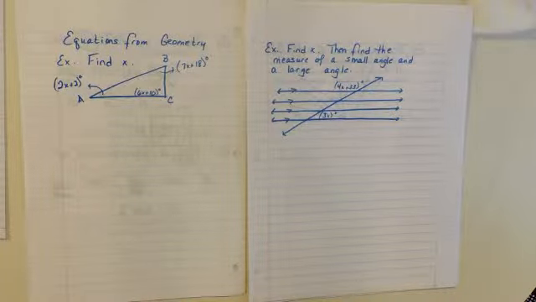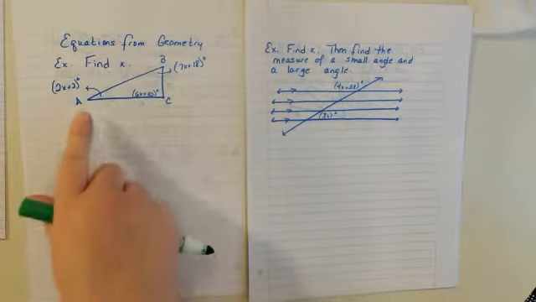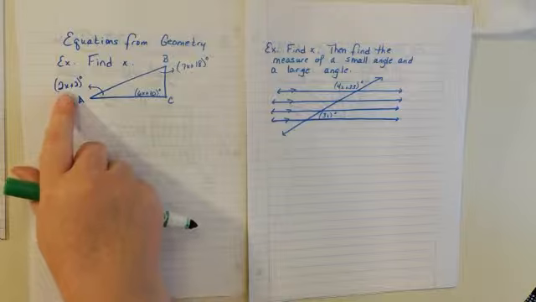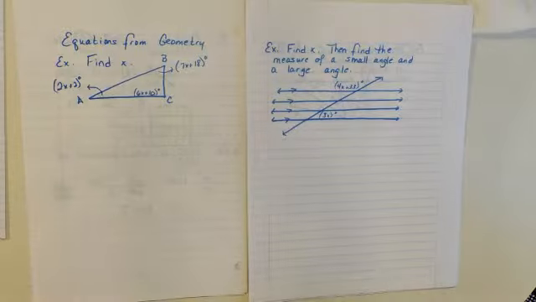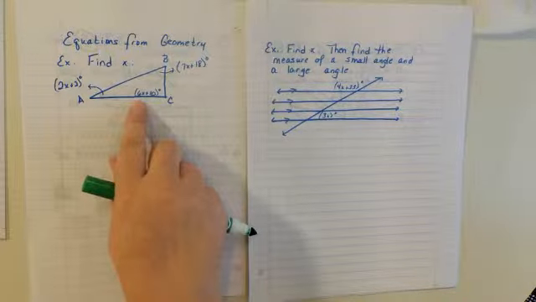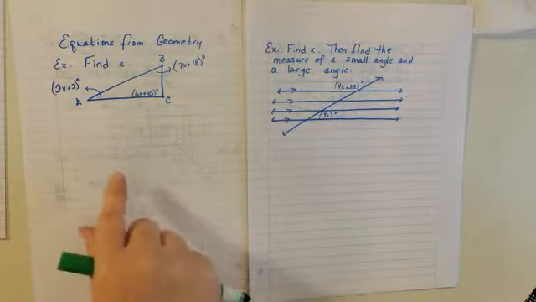Okay, equations from geometry. We need to find x, and what is given is that angle A equals 2x plus 2 degrees, angle B equals 7x plus 18 degrees, and angle C equals 6x plus 10 degrees. We have a triangle.